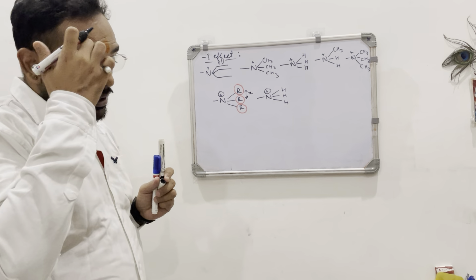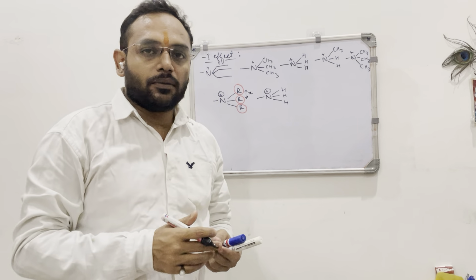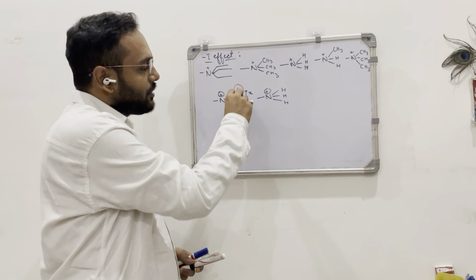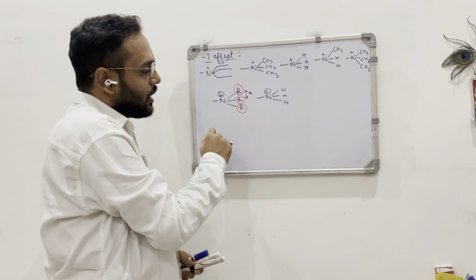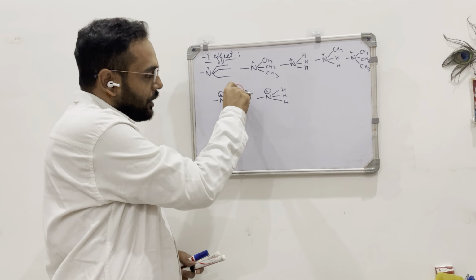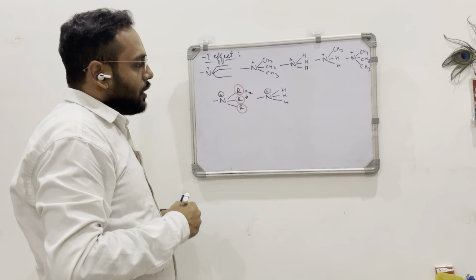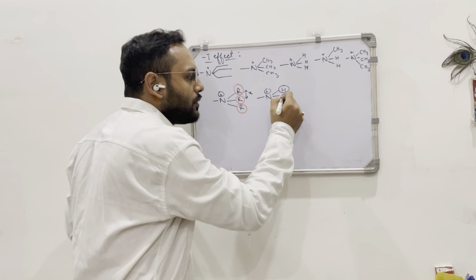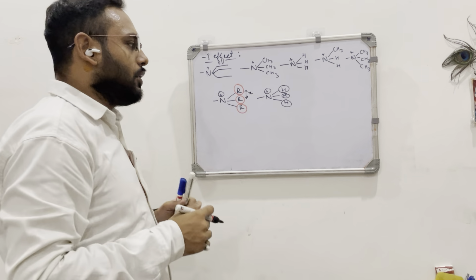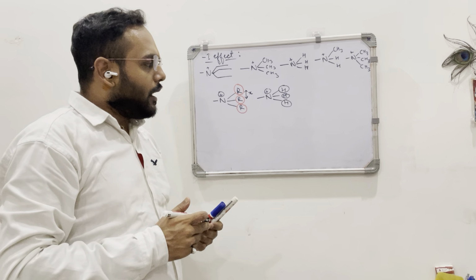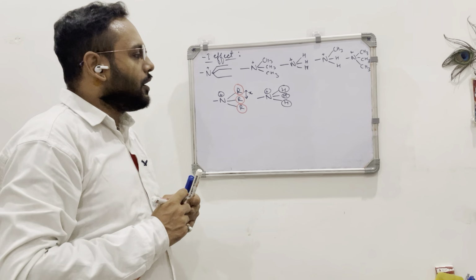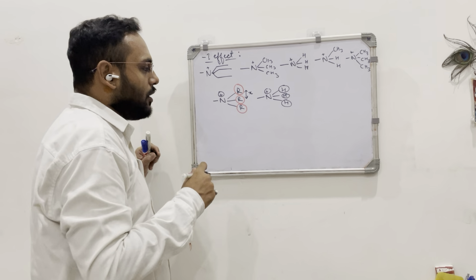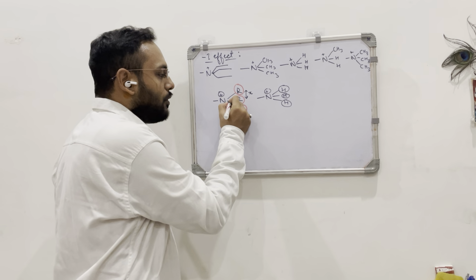This R group will have a certain number of hydrogens in it, so its van der Waals sphere will be large, and because of this large van der Waals sphere the R groups will experience a repulsion between them. Now if I talk about hydrogen, hydrogen is just a very small group, so its van der Waals sphere is really very small and there will be negligible repulsion in this case, but the repulsion in the first case, NR3 plus, will be really high.